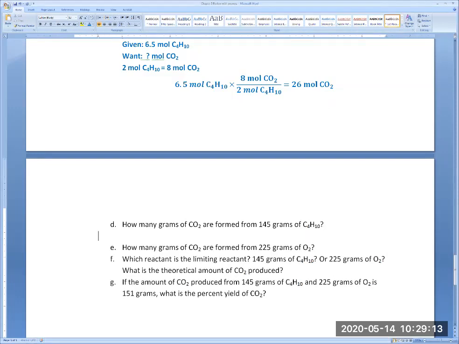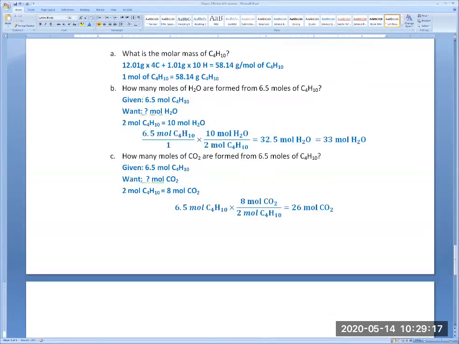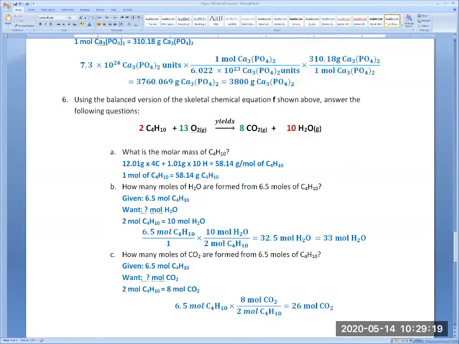So this time we are dealing with grams. And we know that our recipe here, our chemical equation, is in units of moles. So you will not be able to change grams of a substance to grams of another with just one conversion factor. To change from one substance to another, you have to do it in units of moles because these coefficients are in units of moles.